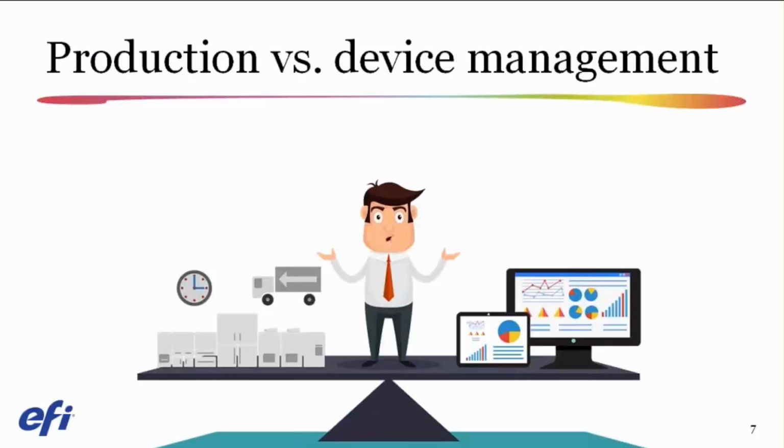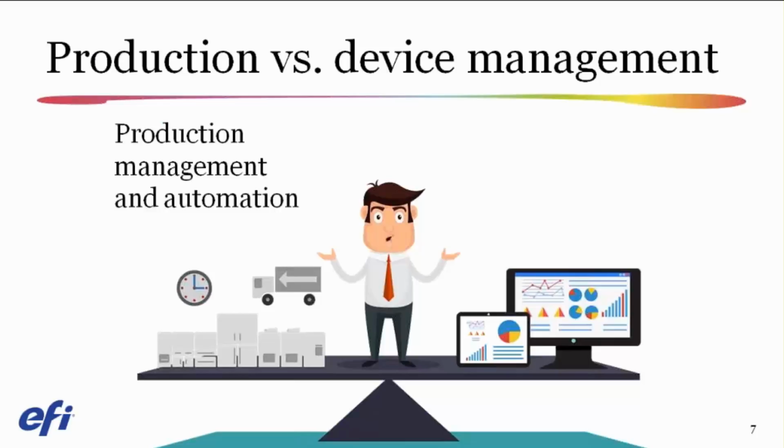If you look at this chart, you'll see on the left a production management and automation representation. These are most tools from EFI and other companies, software products geared towards maximizing your throughput through your workflow. So through your shop, through your order entry system, your data delivery, it's really geared towards maximizing production.